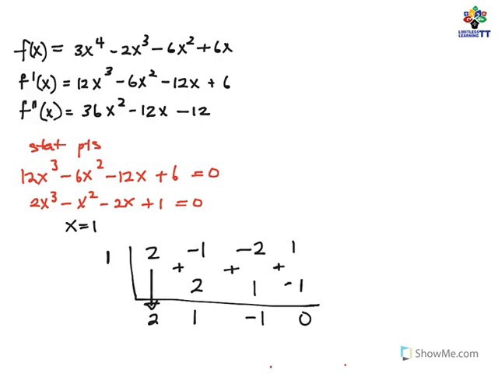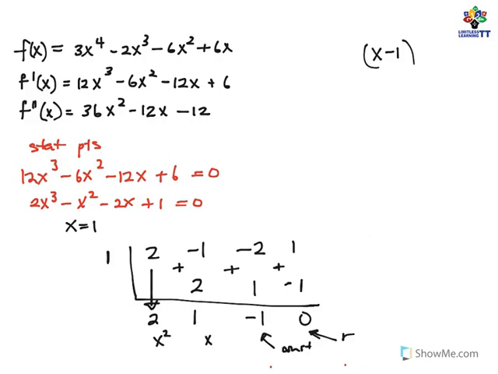So when I divide by x is equal to 1, or when I divide by the factor x minus 1, what I'm going to end up with is, this is my remainder, which is 0. This is my constant. This is my x value, and this is my x squared value.